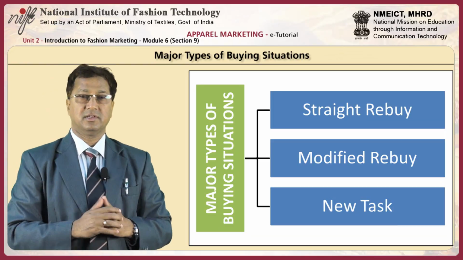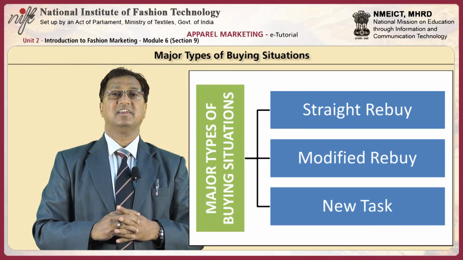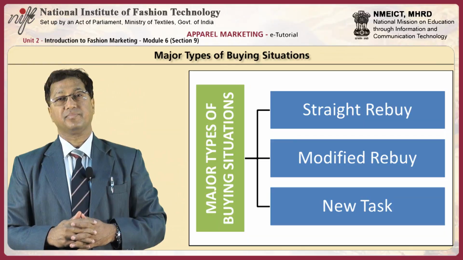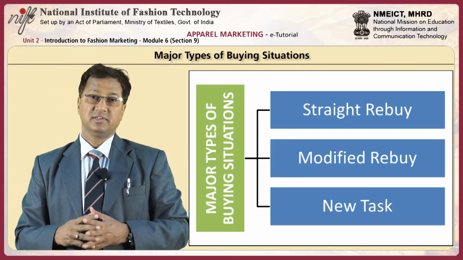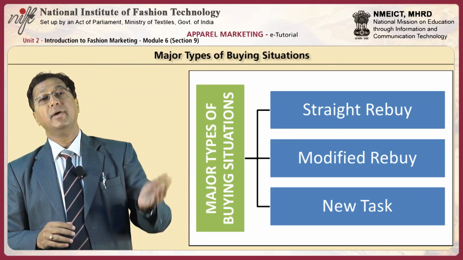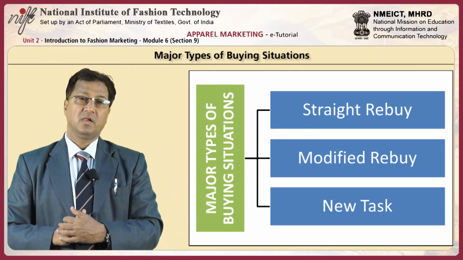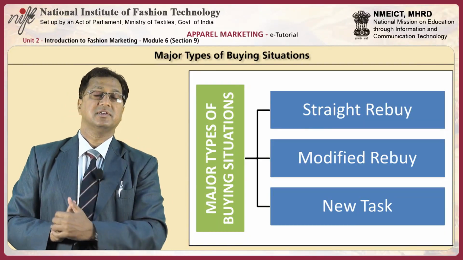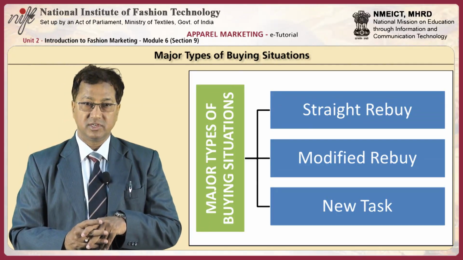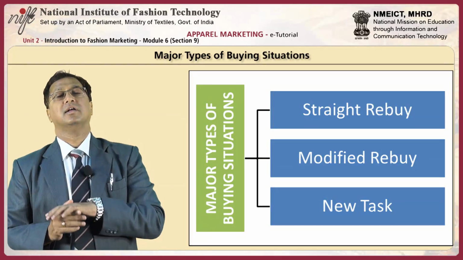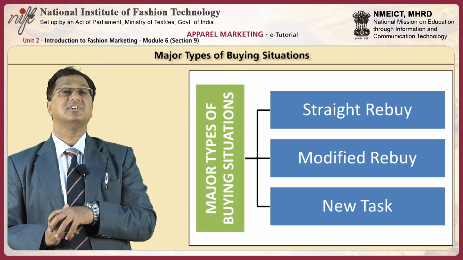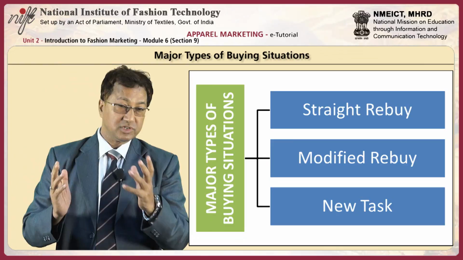The buyers have to decide on product specification, suppliers, the price limits, payment terms, order quantities, delivery, and service terms. Here, the marketers have to give as much information as possible.